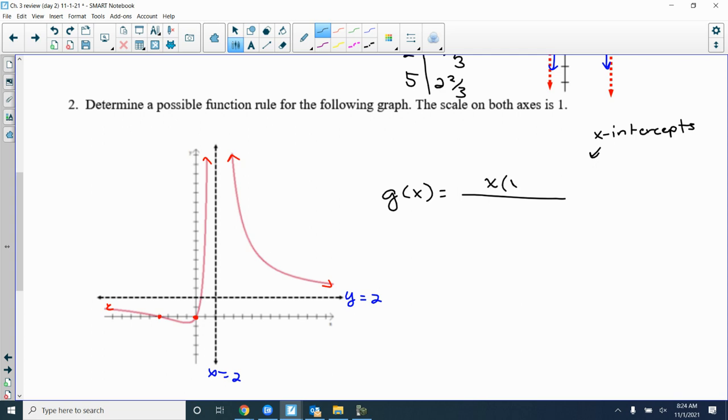And now at -4, you can make that the factor x plus 4. So you got to have both of those, x times x plus 4. Your denominator is determined by the vertical asymptote. So that is going to be where x equals 2, and so that's going to be x minus 2.